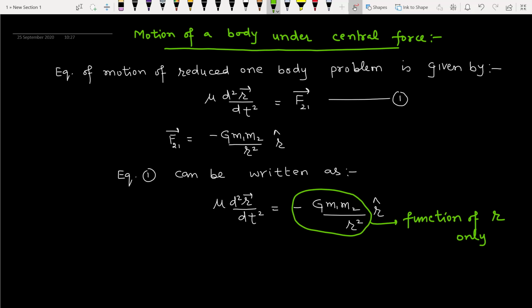So the value of this expression depends upon separation only, so we put it equal to Fr.